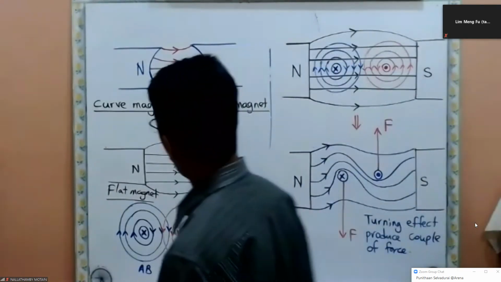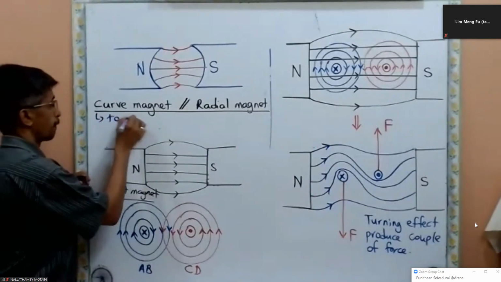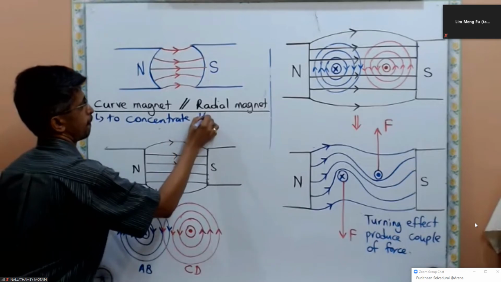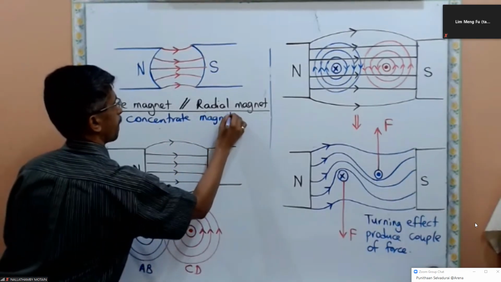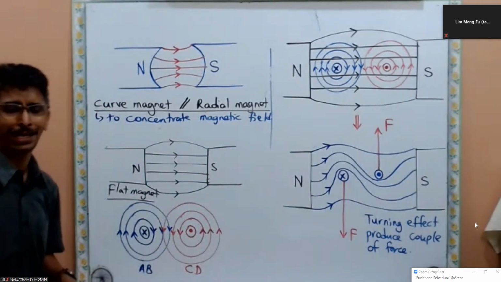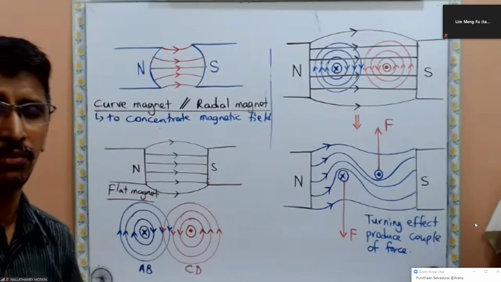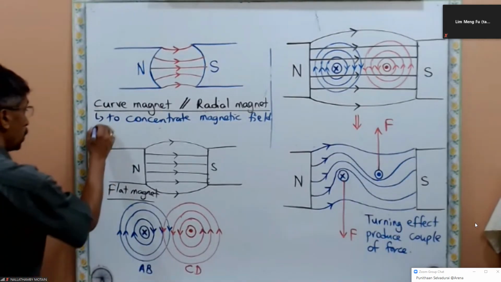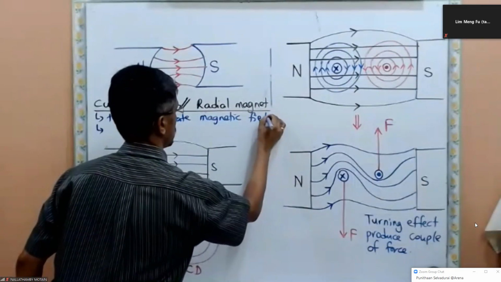Okay. Why do we have to choose a curved magnet? The reason is to concentrate the magnetic field, or to concentrate magnetic flux. The field lines, we call it flux, F-L-U-X. Or you don't want to concentrate the magnetic field.